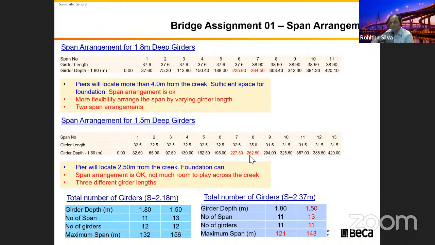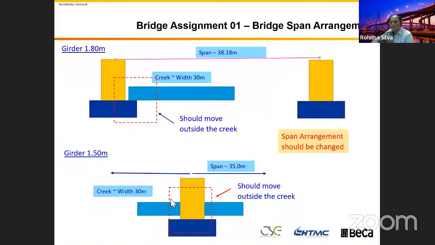But as I mentioned before, this one in here, the only way to do it is to put one in here, put one in the other, in a symmetrical way. Because the creek is 35 meters, you need to have at least 2 to 3 meter clearance to build this bridge foundation and the column. Because of that, I opt to use a 35 meter span over the creek.